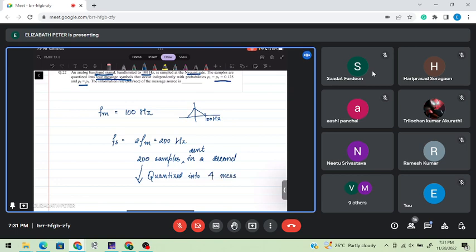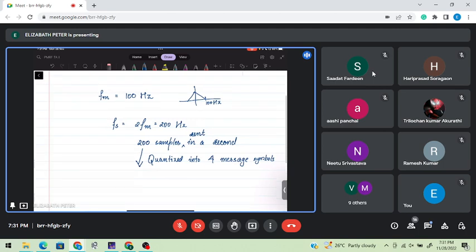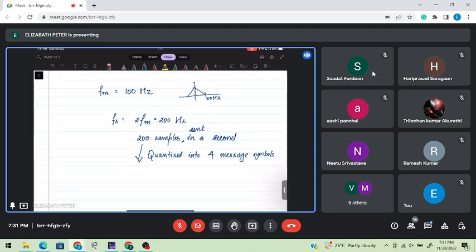Instead of saying that each sample is represented using 2 bits, it says that it is quantized into four message symbols, and they are giving the probabilities of each message symbol. So you are not supposed to take that each sample is encoded using 2 bits. You shouldn't take it like this.